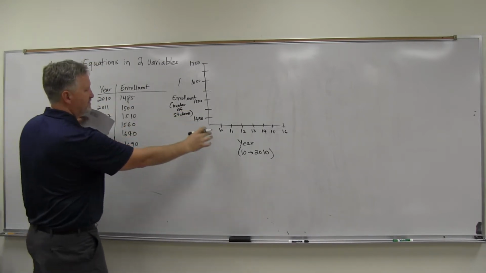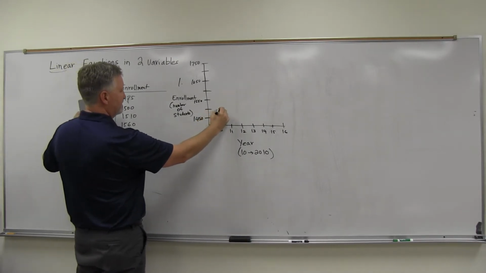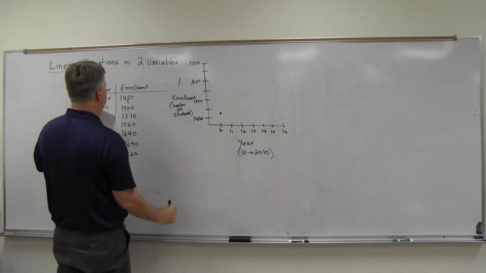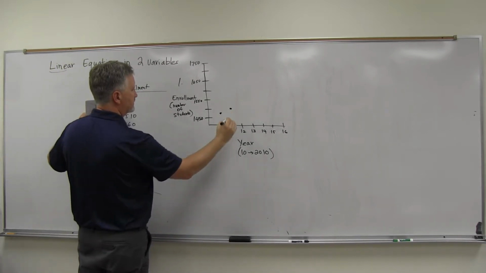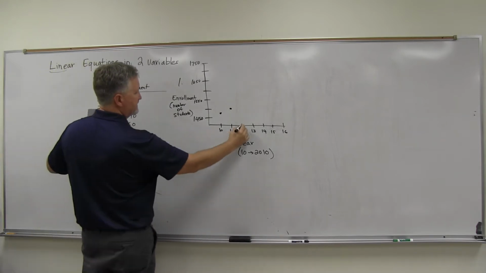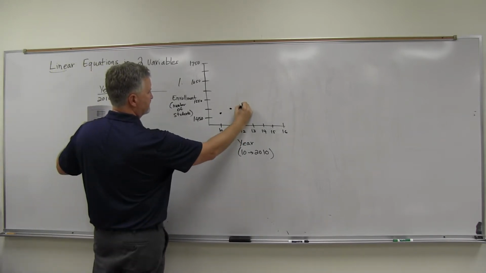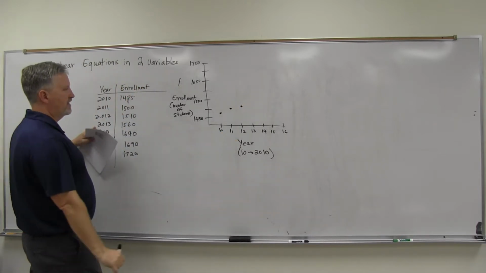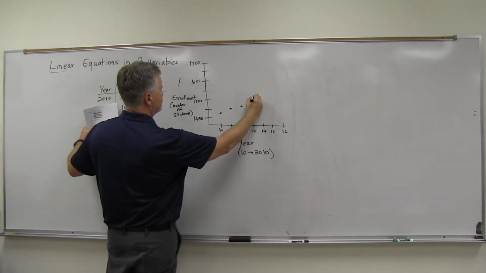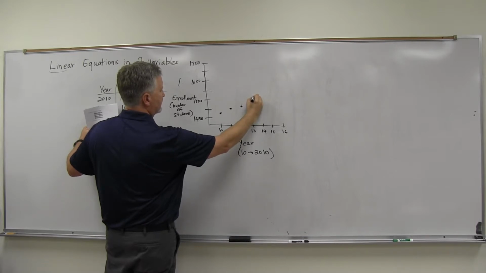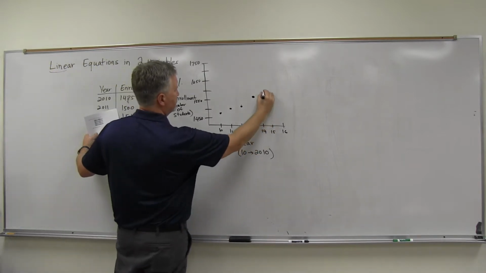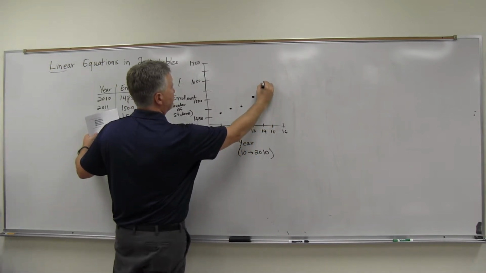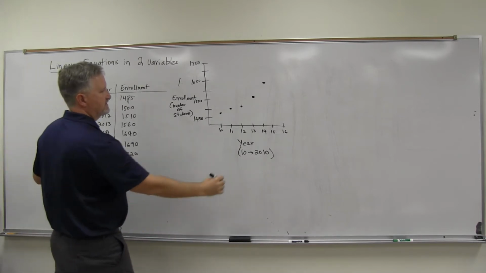Oh, didn't put in the numbers here. 2010, we got 1475, so that's kind of the middle there. 2011, oh, right at 1500, so that'd be here. 2012, we got 1510, it's right above. 2013, we got 1560, so 15 and then 10. Go right there. 2014 is 1640. Not quite 1650. 2015, we got 1690.